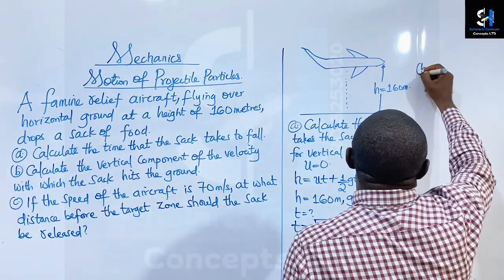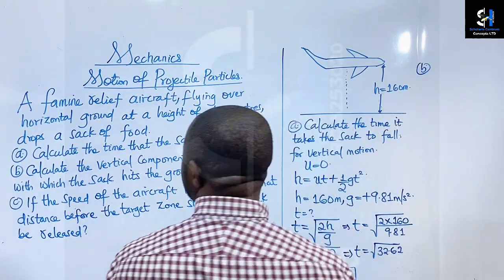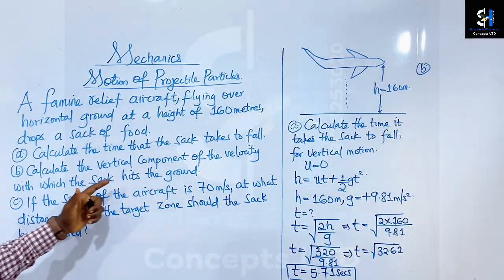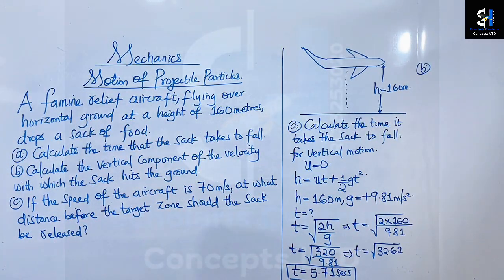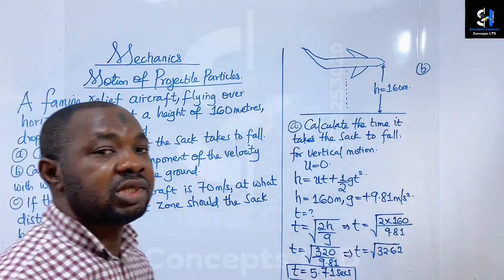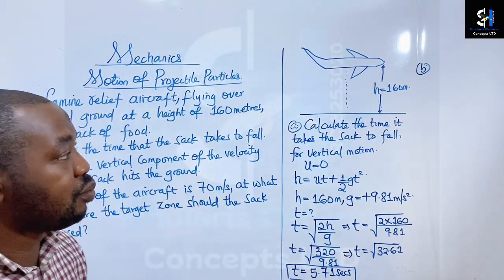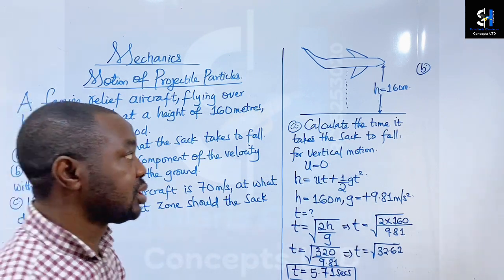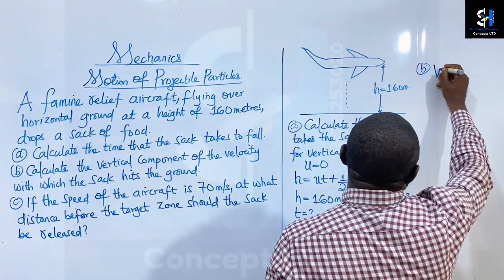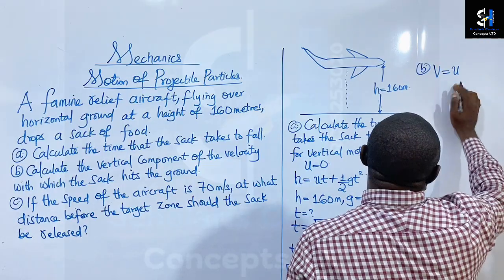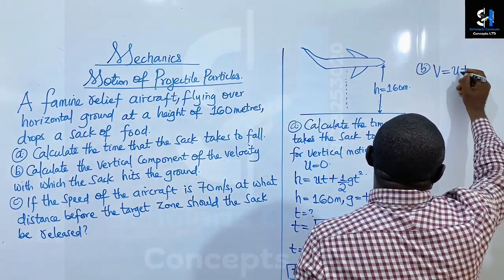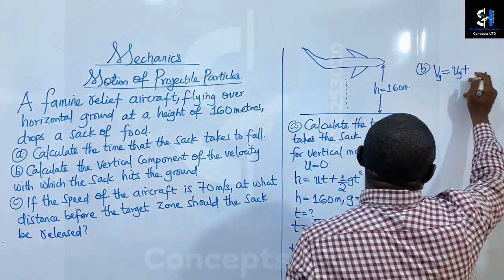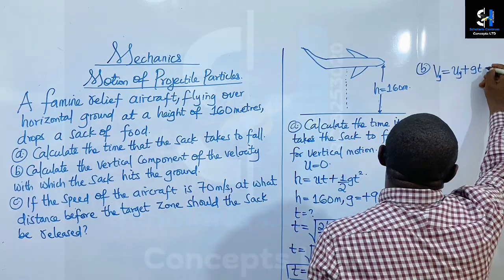All right, so B. Now also, we want to calculate the vertical component of the velocity with which the sack hit the ground. For the vertical component, we're also going to use one of the equations of kinematics, and that will be this equation: v = u + gt, that is Vy = Uy + gt.